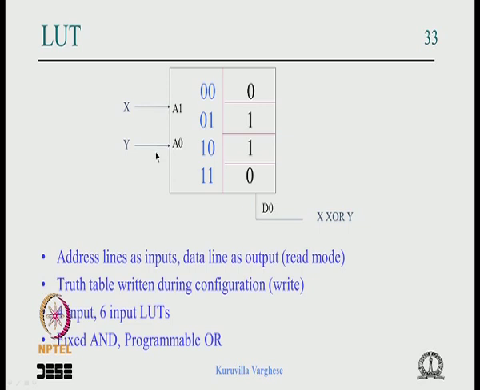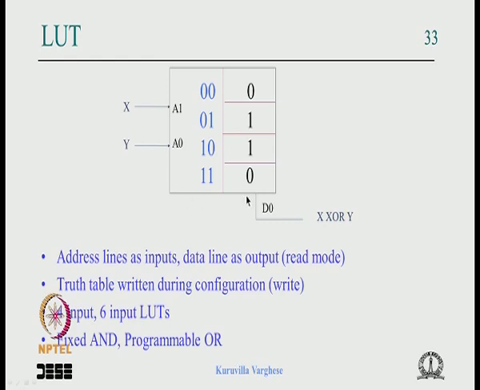So you take a 2 address line or 4 into 1 memory, and you write the truth table of this function into the memory. The truth table is that 0 0 is 0, 0 1 and 1 0 are 1, and 1 1 is 0. So you write that in that particular location.